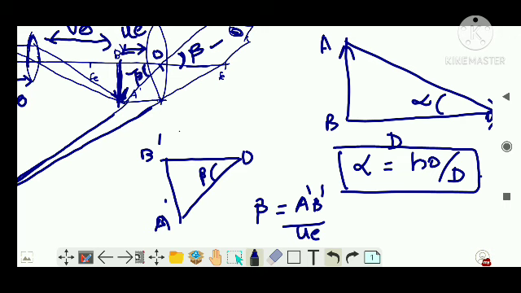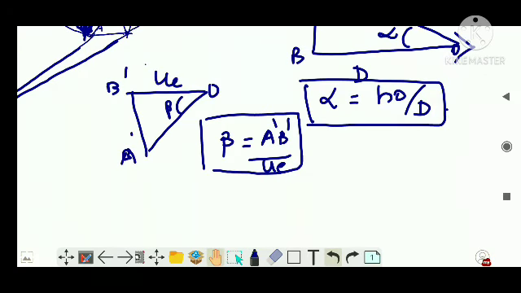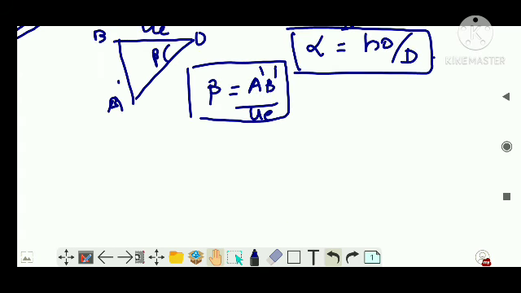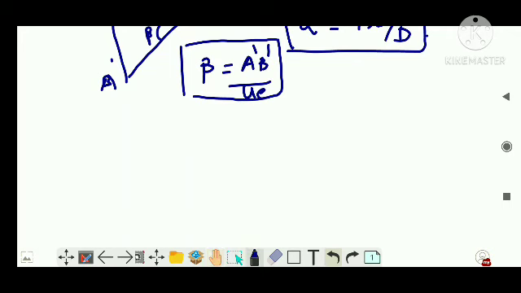BO is UE. Clear? So you got the angle beta also. But again, listen, beta and alpha have no factors in common. Clear? Now let's move on with the objective lens.